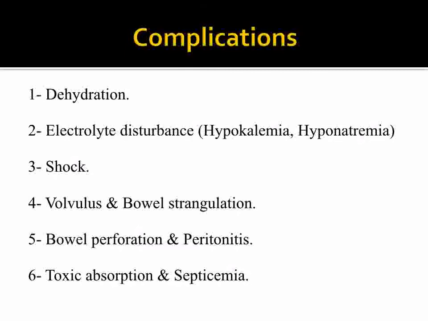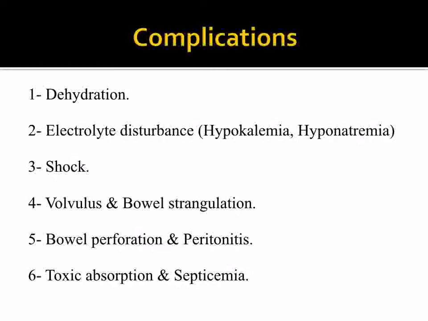Okay. Also, the baby may be presented with shock. The shock may be hypovolemic shock as a result of dehydration, and there may be septic shock due to peritonitis. Okay, volvulus and bowel strangulation is also a complication of intestinal obstruction if there is a compromise of the blood supply of the intestine. The bowel strangulation will result in bowel perforation, and the bowel perforation will result in peritonitis.